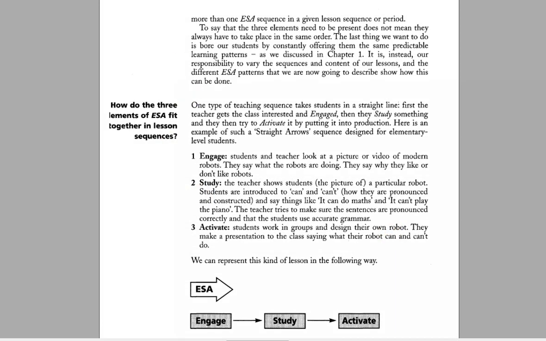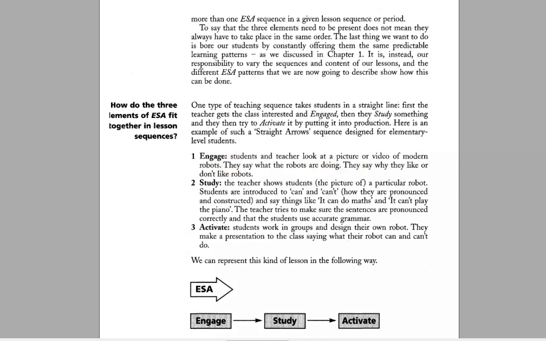The second part is how the three elements ESA fit together in a lesson sequence. We have here engage: students and teacher look at a picture or video of a modern robot. They say what the robot is doing.